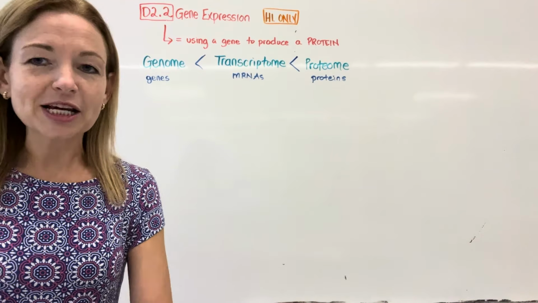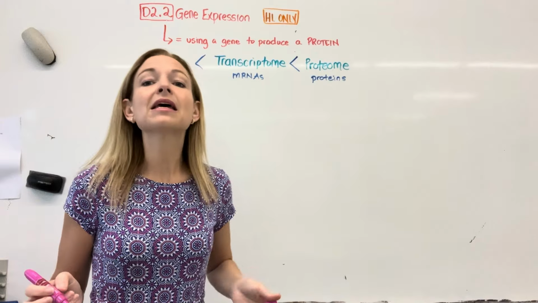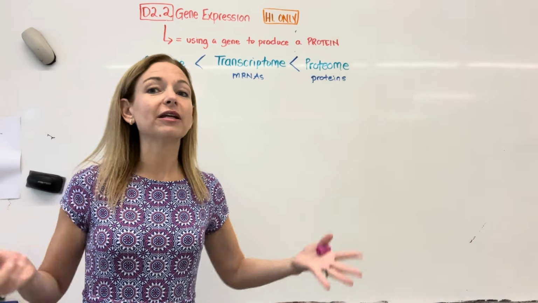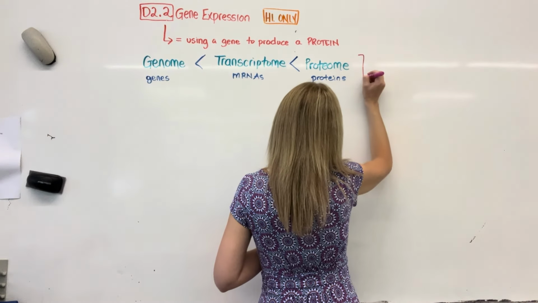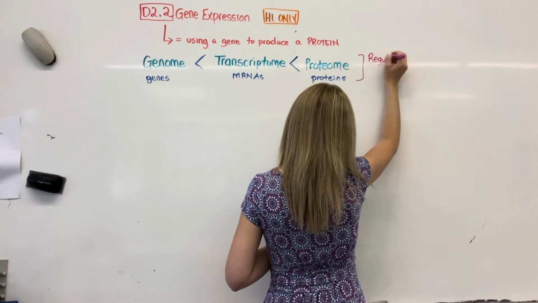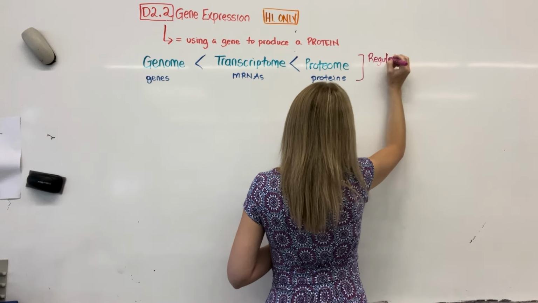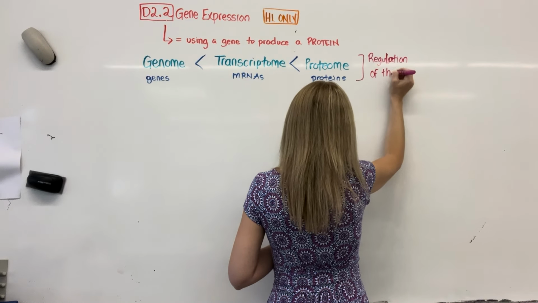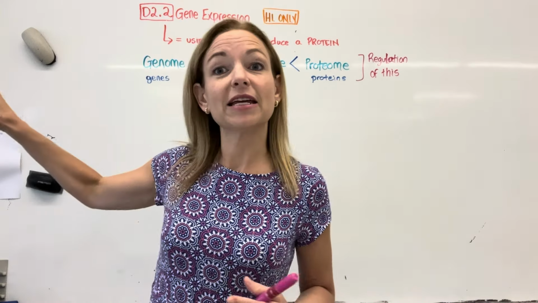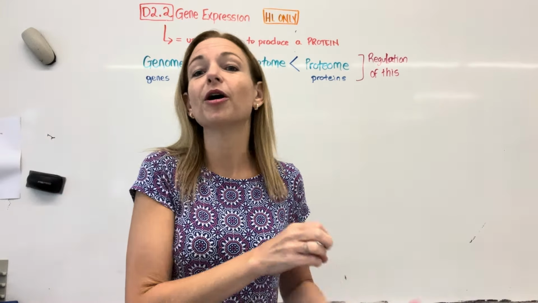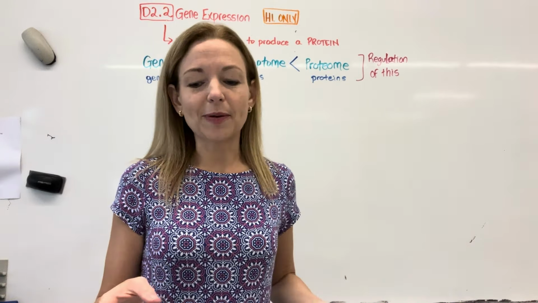This is where the expression part comes in. The actual expression of which ones are actually made. So it has the ability to make all of these, but regulating this process is what leads to cell specialization. If every cell used everything in its genome and produced all the different mRNAs, then made all the different proteins, it would be really busy, and that would be an unspecialized cell.